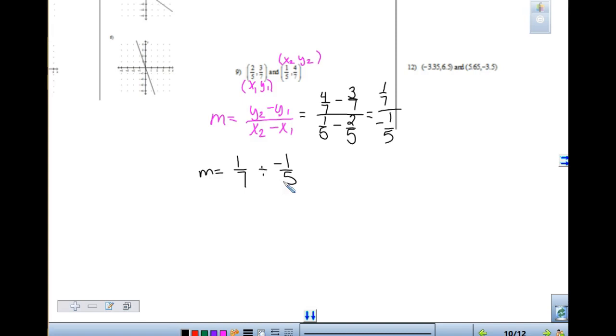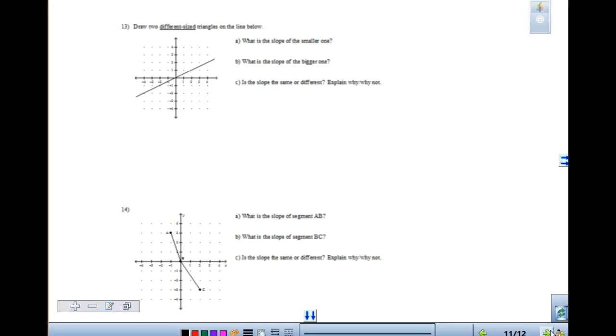Anytime you're dividing fractions, the rule is you keep the first number as 1/7 and you change it to multiplying by the reciprocal. So this is going to be our reciprocal. And we're going to have negative 5 over 1. So what does the slope come out for number 9? Negative 5/7.